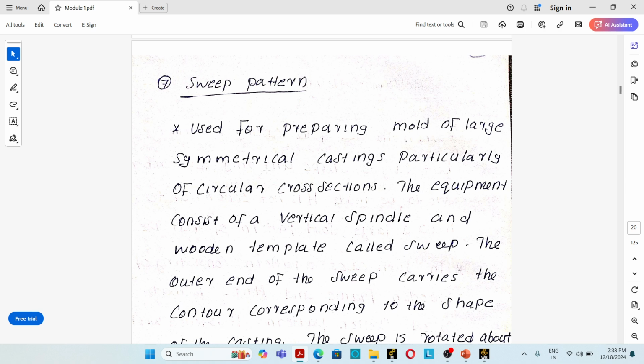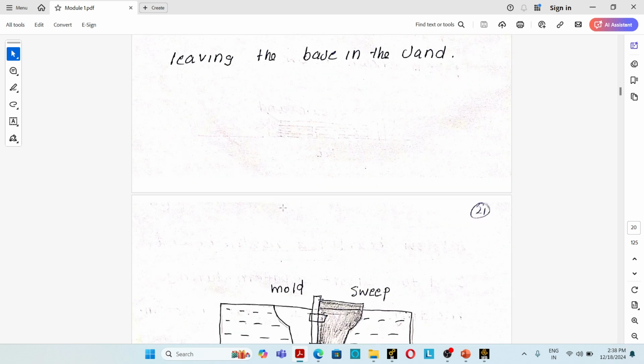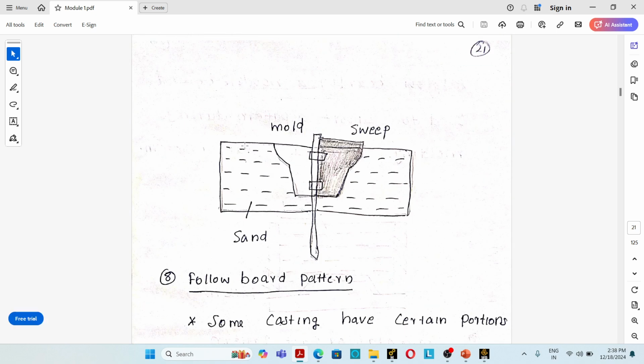So next one is the sweep pattern. This is a figure of a sweep pattern. Whenever you are asked a question, you have to draw the figure. The figure is very important, and you have to write 4 or 5 points. That's what is required for this subject.